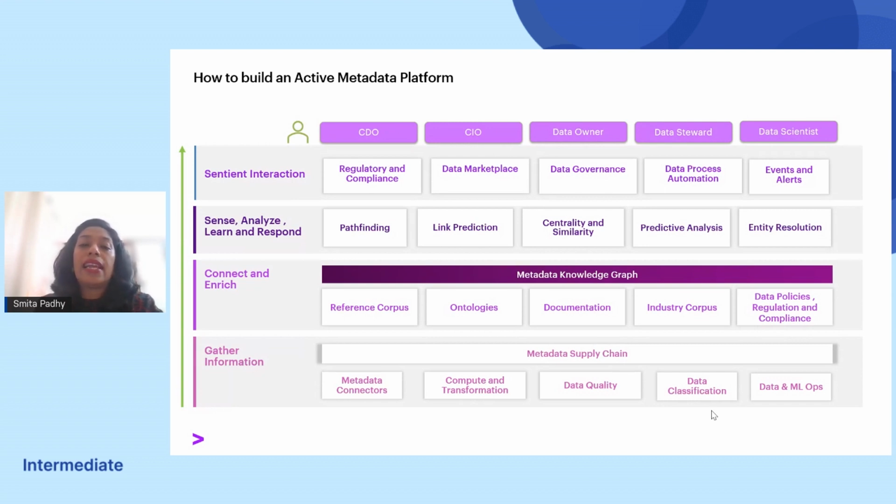The insights that were generated by step 3 can then be used as information to drive regulatory compliance, build a marketplace, define and implement governance, or generate events and alerts. Different personas can use this information in a way which is beneficial for them.